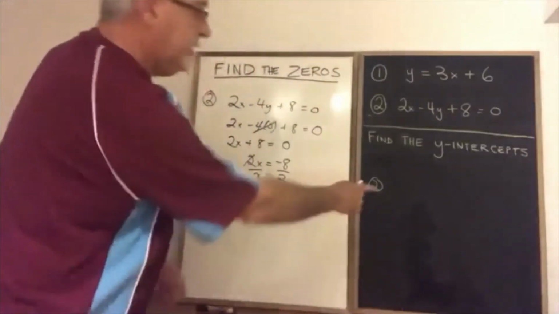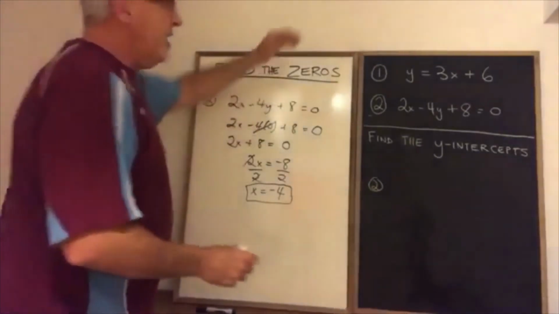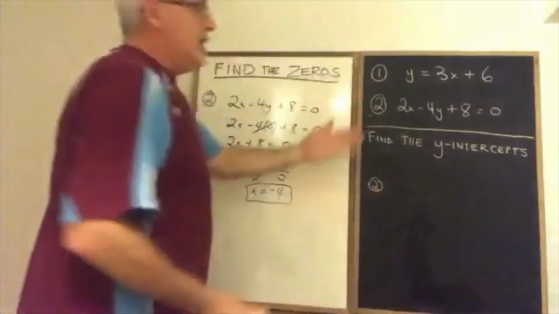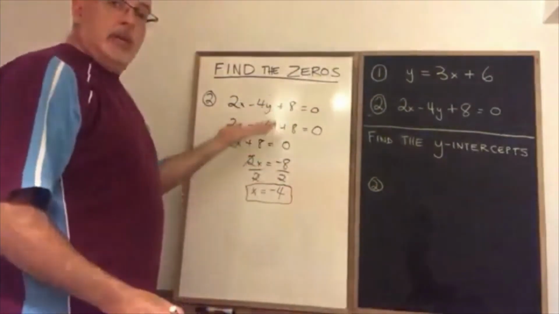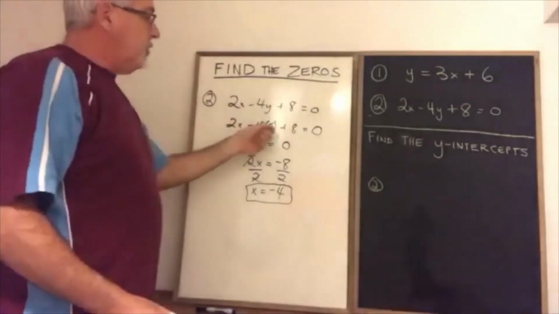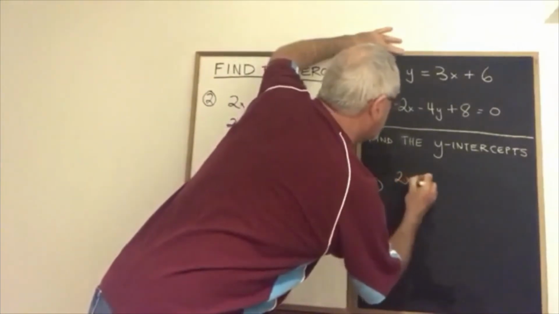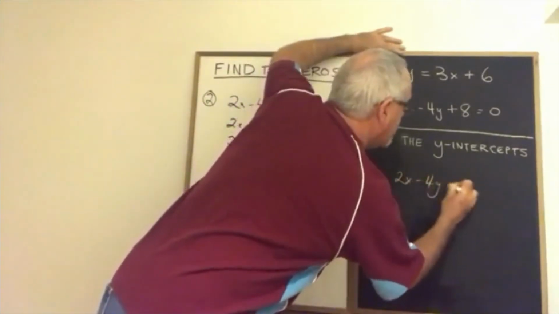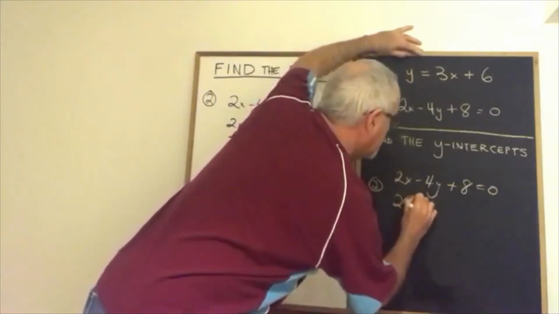And this still isn't very dry, but I'm just going to write over the wet part because I'm tired of waiting. To find the y-intercept, when I don't have it in y equals ax plus b form, I'm using a very similar trick. But I'm not going to make the y-coordinate equal to 0, I'm going to make the x equal to 0. So I started with 2x minus 4y plus 8 equals 0, and I replaced the x with the 0.